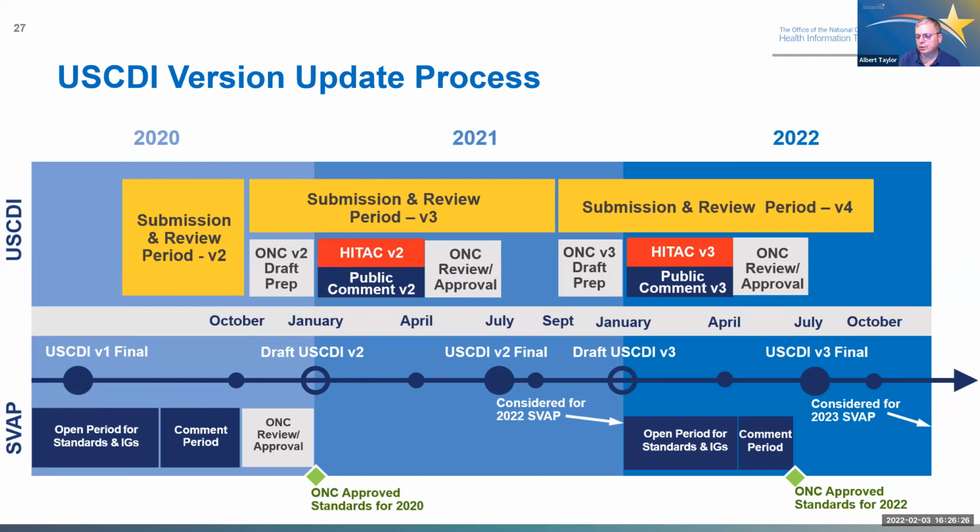The same thing would happen with version 3. Hopefully it would be added to the SVAP approved standards list for 2023, and then be made available for voluntary update to version 3. As far as requirements go, like I said, none of these will be required until we propose that requirement in a proposed rule.